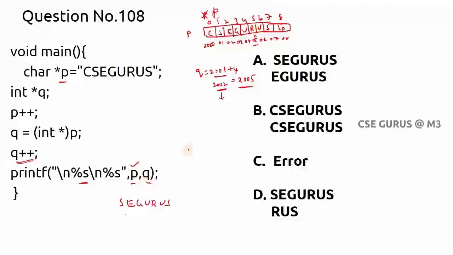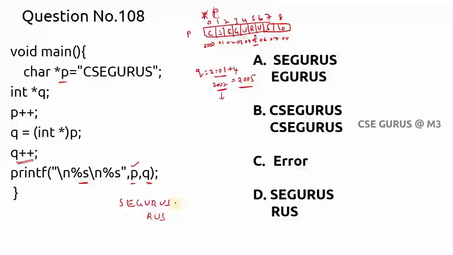If I print q, it will print R, U, S. Remember this point when I go with q, which is a type conversion to integer pointer type: an integer pointer incremented one time will be incremented by 4 addresses, that means 4 bytes.